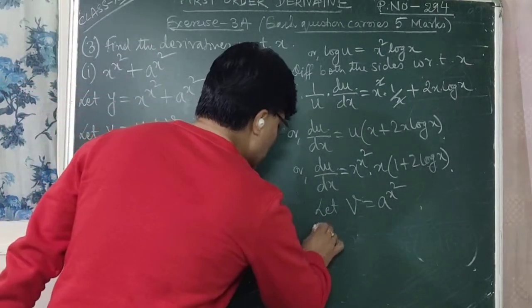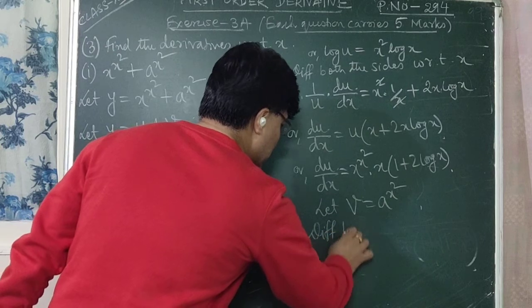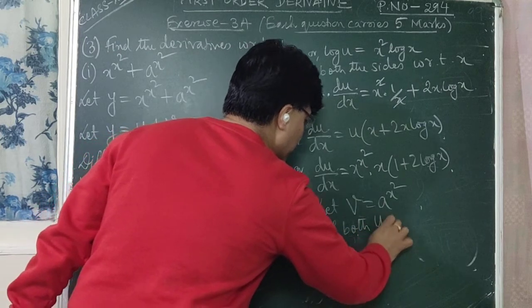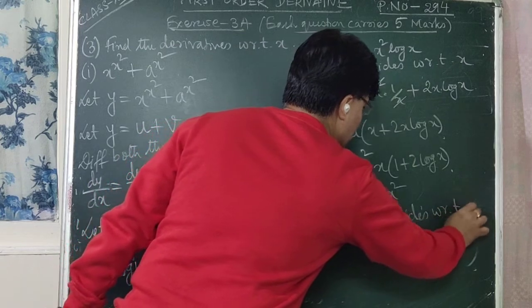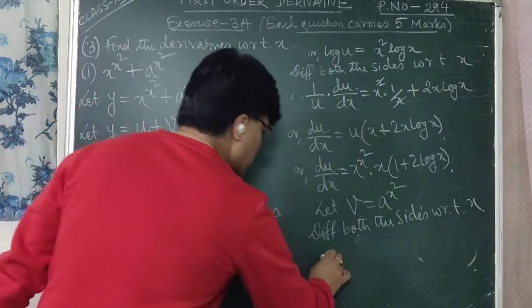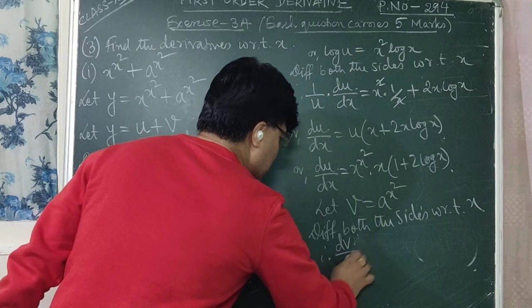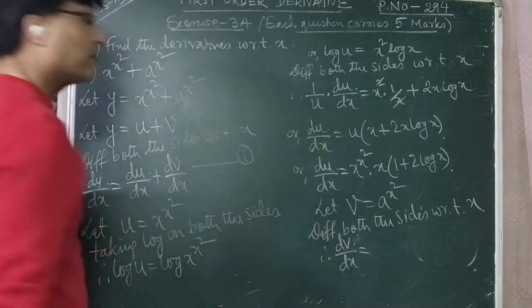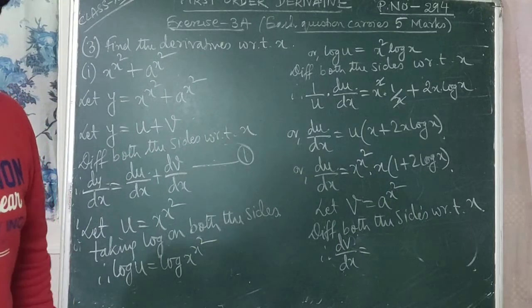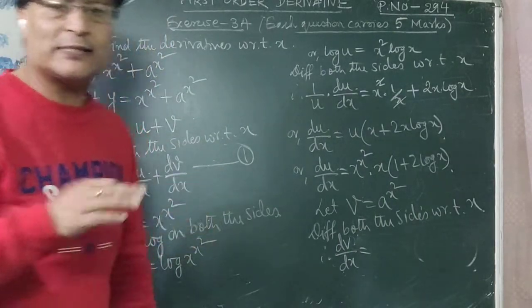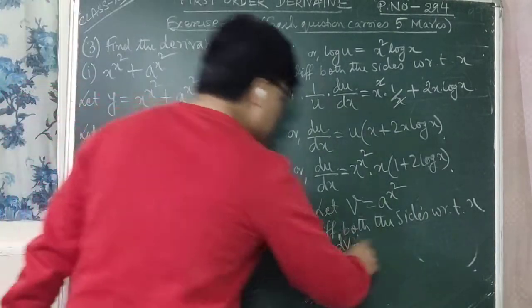Okay? So let us write down differentiating both the sides. Differentiating both the sides with respect to x, right? So therefore it is dv by dx is equal to, now what is the differentiation of a to the power x square? You should take it as a to the power x. Which function is taken as x? X square. Okay? So what is the differentiation?